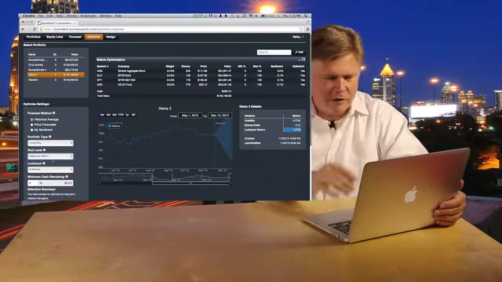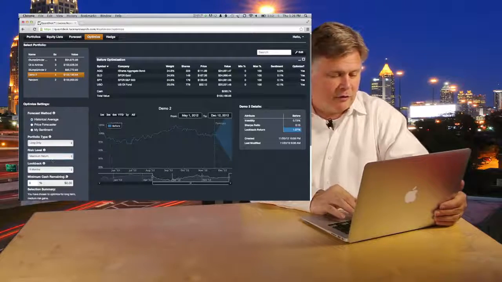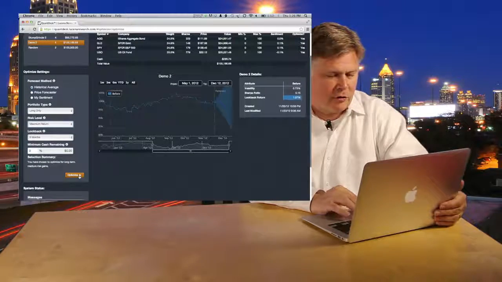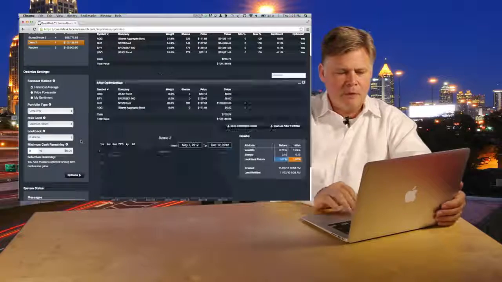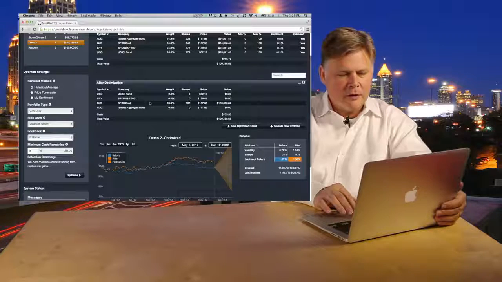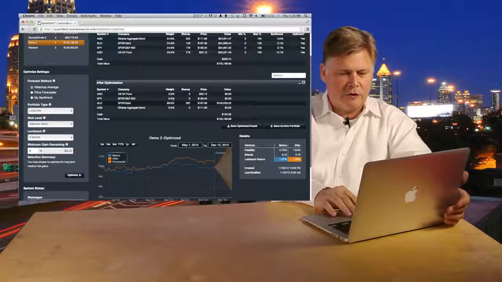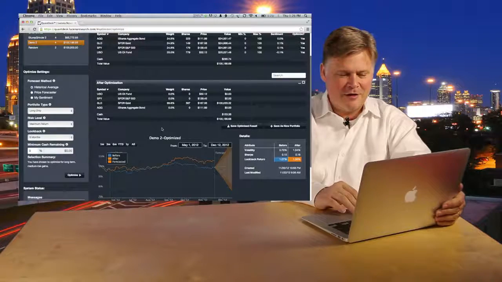So what we should discover here is that it'll select the single equity that has the highest return over that period. Okay, so it turns out that over this period, GLD, gold, has had the highest return, and it essentially puts 100% of the holdings into GLD.